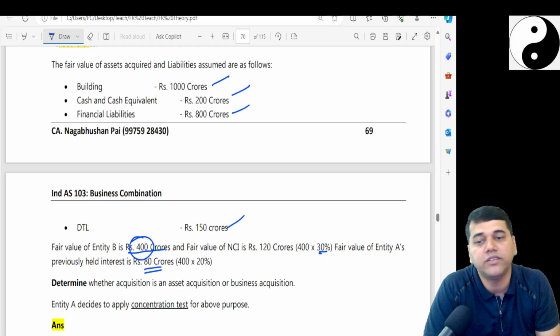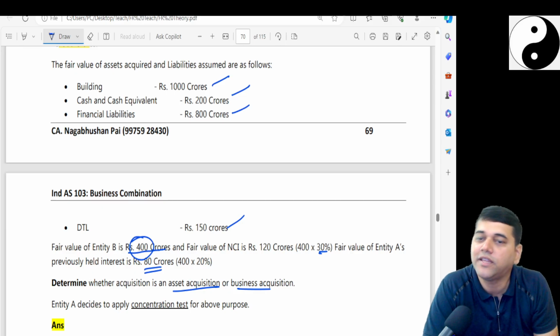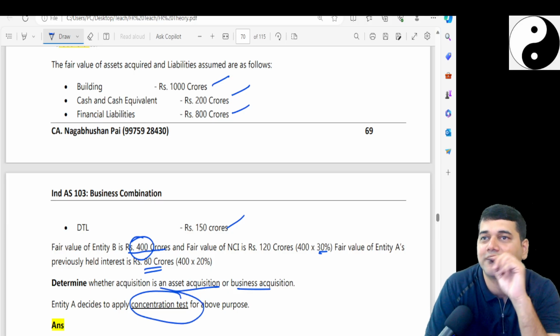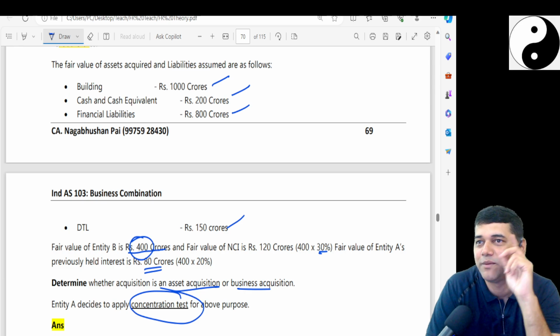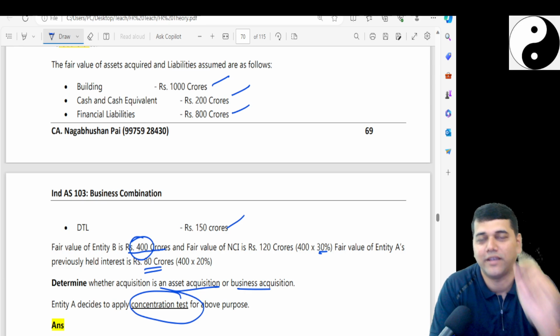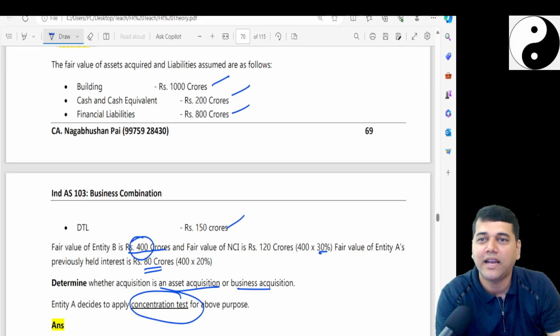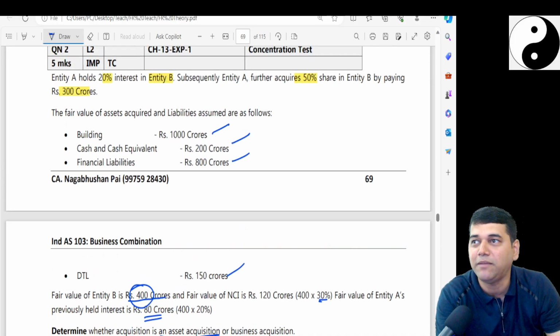Determine whether the acquisition is an asset acquisition or a business combination. No, read further. They decided to apply the concentration test. So if we have to apply the concentration test, students, some time back you have seen that format, no? You remember that? Okay, so please pause the video and apply the concentration test and tell me whether it is a business combination or asset acquisition.